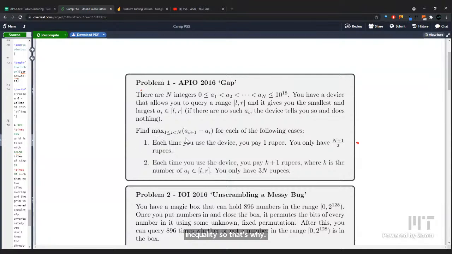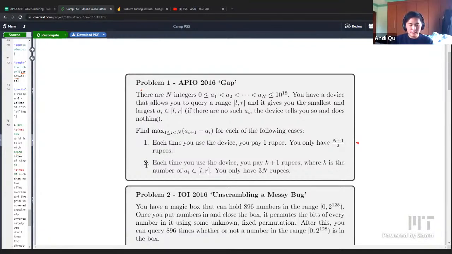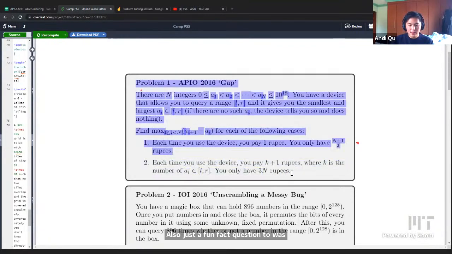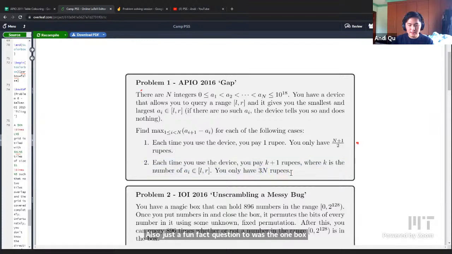So anyone have any ideas? Okay, let me think for 2 minutes. Also, just a fun fact, question 2 was the 1 mark subtask in IMO 2020, problem 6.